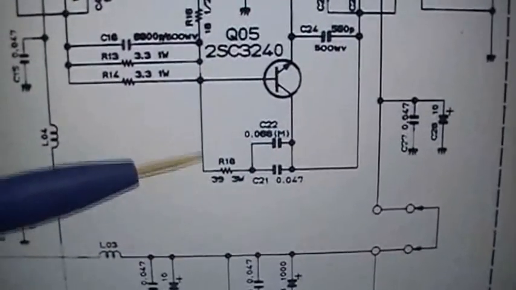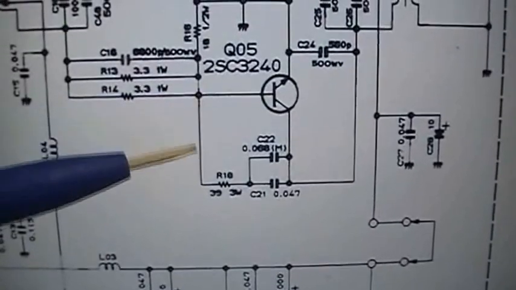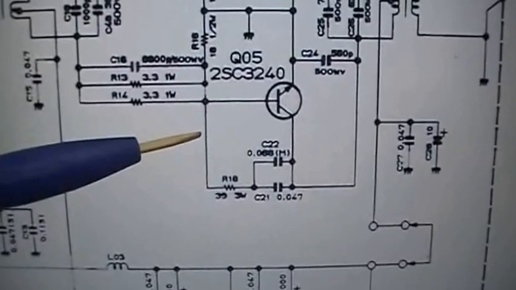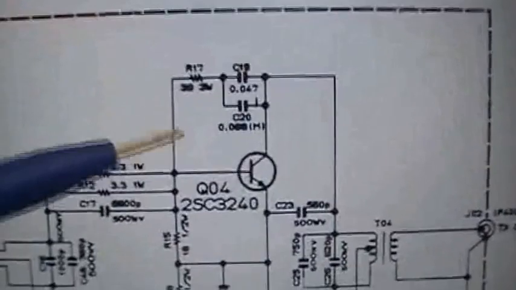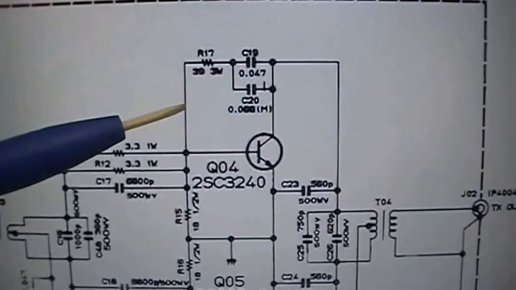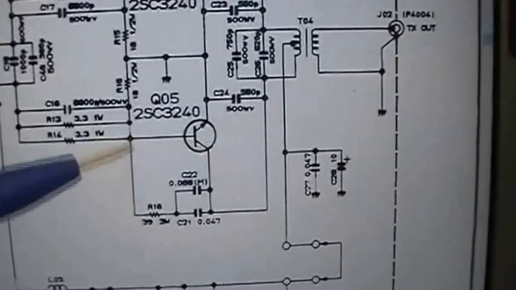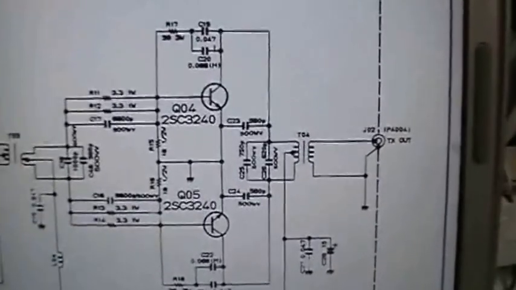We have it here from the base to the collector, so we put a coil in here, and as I already said, in here. So that is next what we're going to do to stop self-oscillation in the PA.